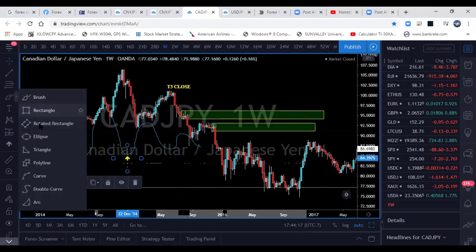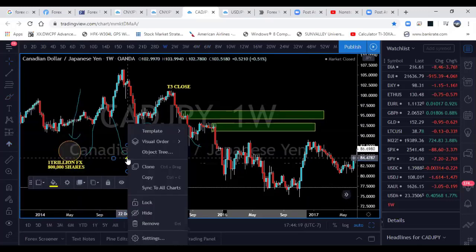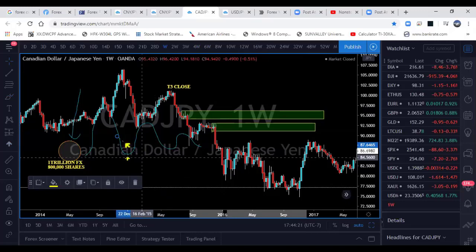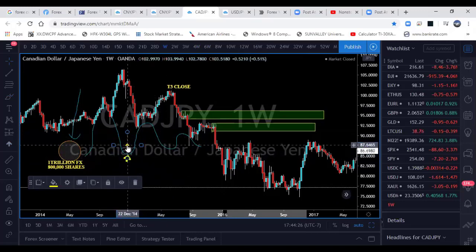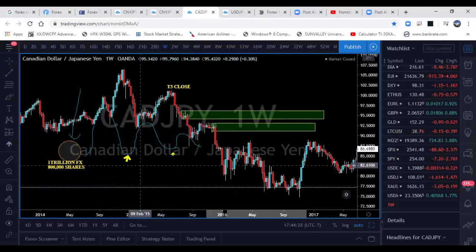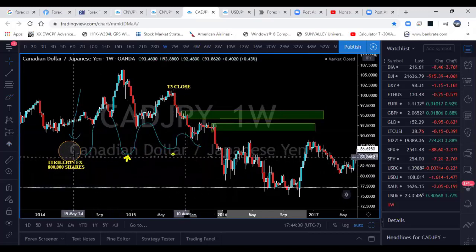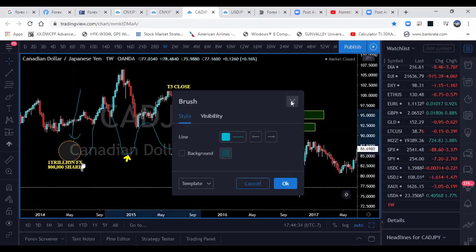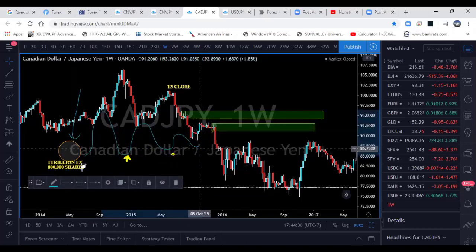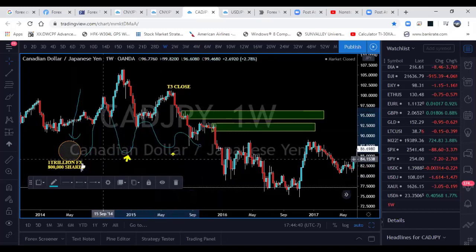The next time they come back, they're taking another chunk out of whatever's here. And then they're going to get another one. So this means that they're eating these orders, and eventually the price of the market will start to go down, and it will break through this area.